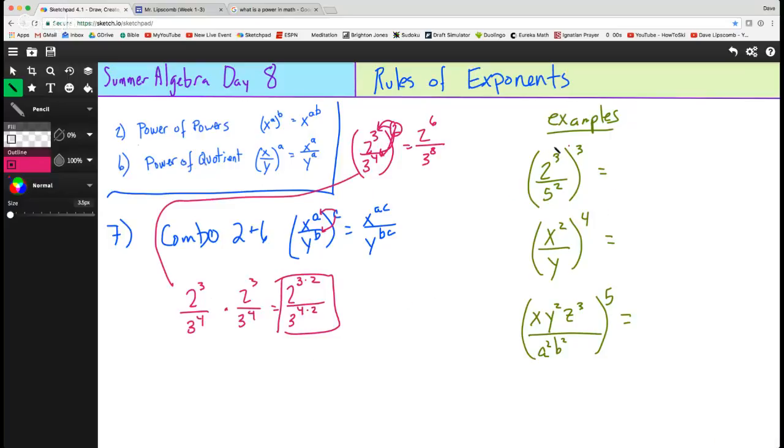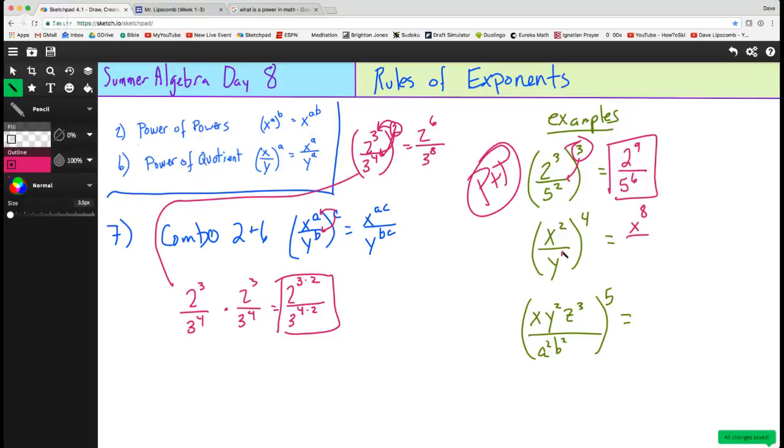Okay, so let's look at some examples here. All we're going to do is multiply inside, and then we have a kind of crazy one over here, but let's see what we can come up with. Okay, so pause and try. Here we got 2 to the 9th over 5 to the 6th, 3 times 3 and 3 times 2. Here we have x to the 8th over what?